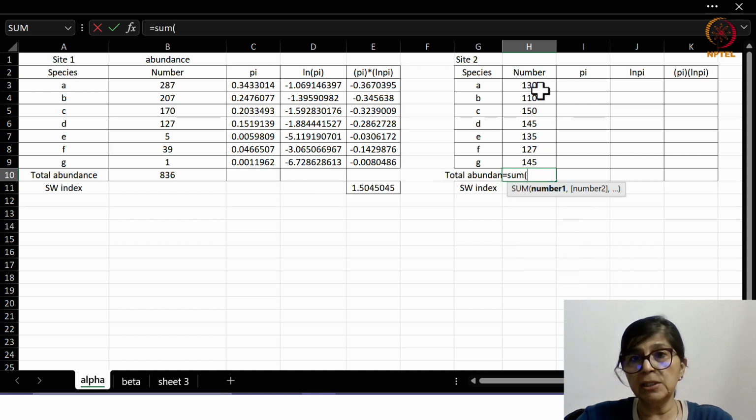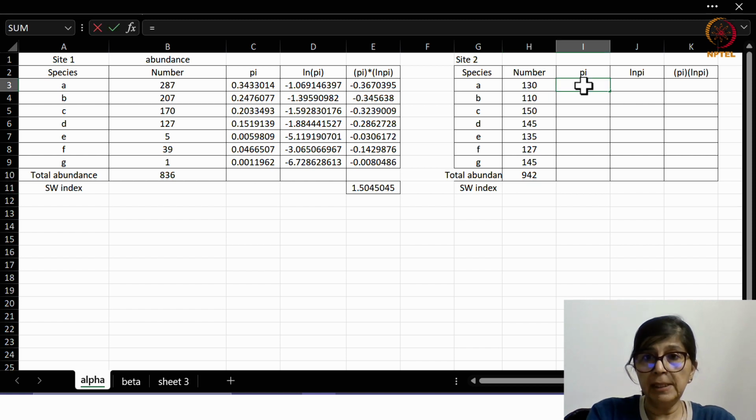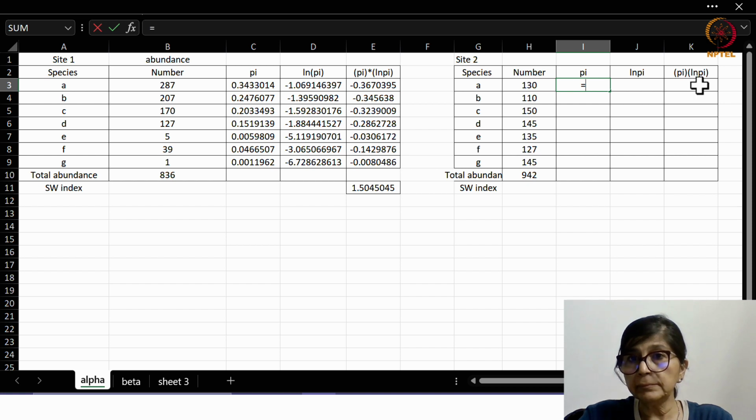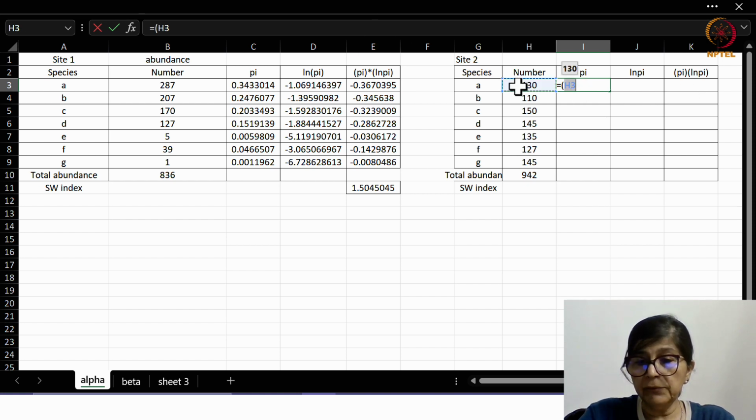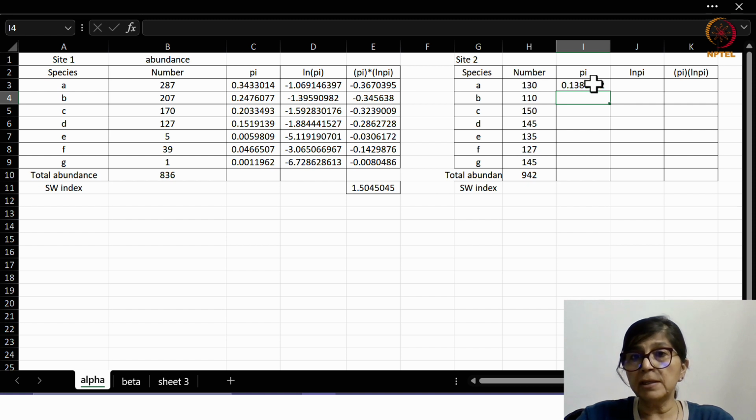The same procedure you will do. This is the sum. Then Pi first. I will just insert the number here rather than the formula now for ease of use.